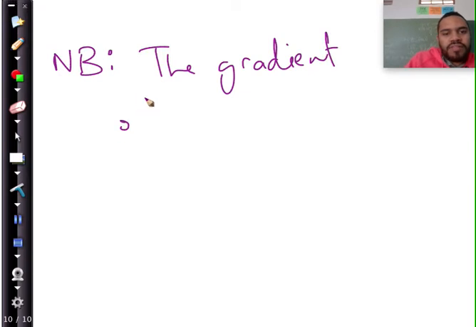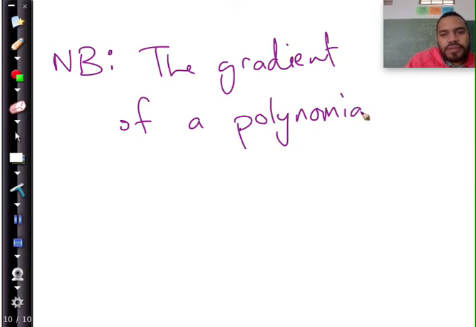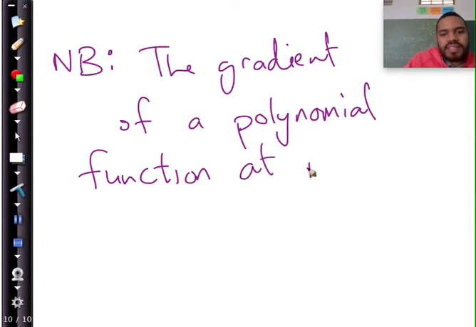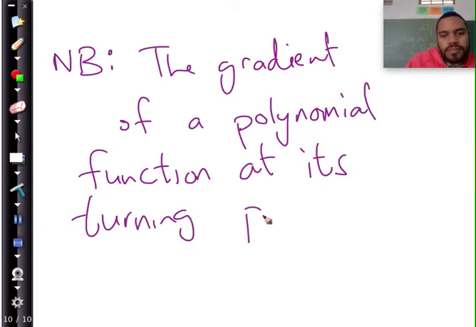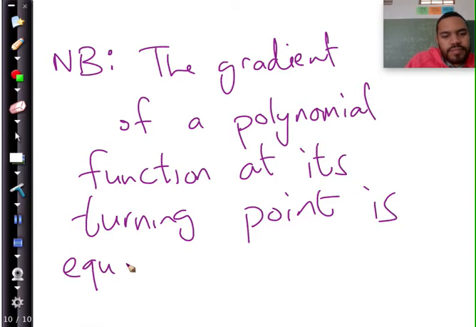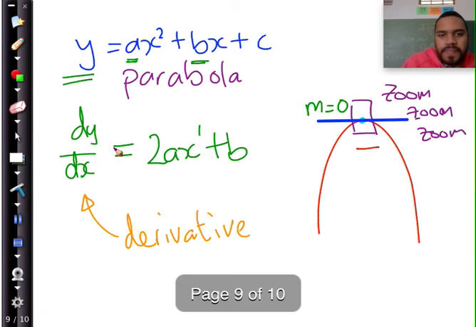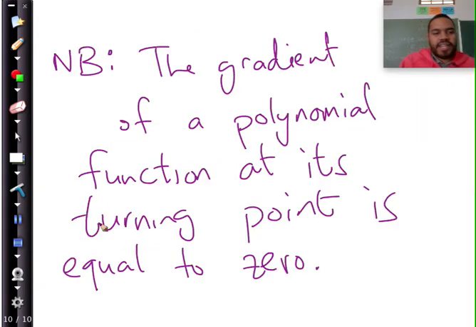NB, the gradient, very important, the gradient of a polynomial function at its turning point is equal to 0. Now guys, do you all have that down?